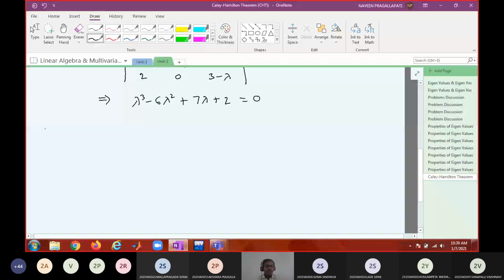Compute A square and A cube. A square equals A into A. Either you multiply manually, or if you have a calculator and know matrix operations, input A and compute A square and A cube.